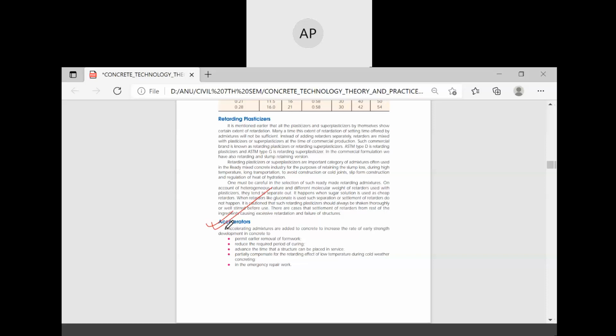So what is an accelerator? It is just the opposite of retarders.